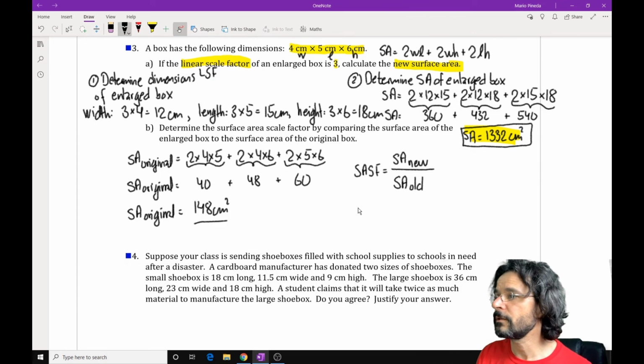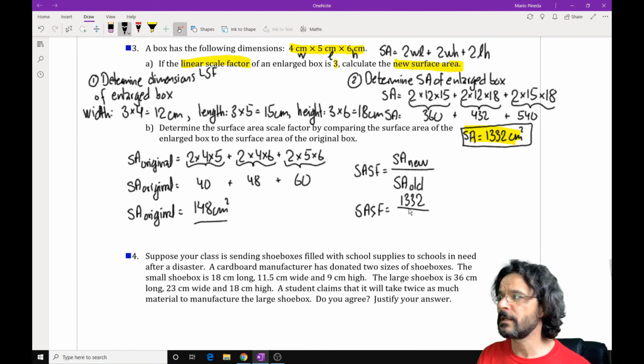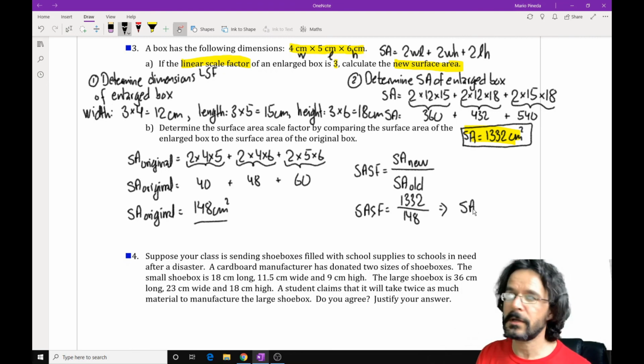Okay, if we plug in those numbers, the surface area of the new box, that's the enlarged box, is 1,332 square centimeters divided by the surface area of the original, which was 148. And if we divide these numbers and round it to the nearest whole number, the surface area scale factor would be 9.